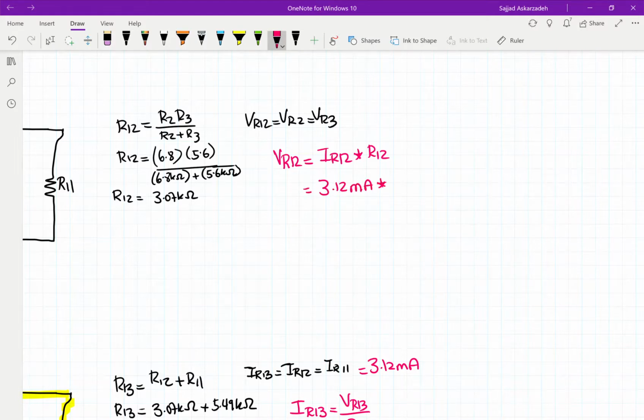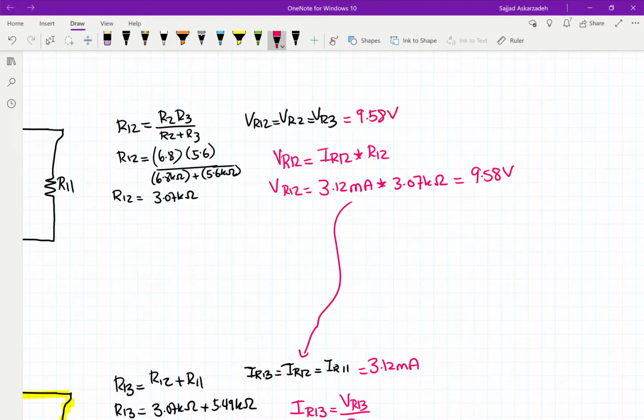And then we know what R12 is. It's 3.07 kilo ohms. And then we can find out what this value is, and we calculate it to be 9.58 volts. So we can say that this is also 9.58 volts.